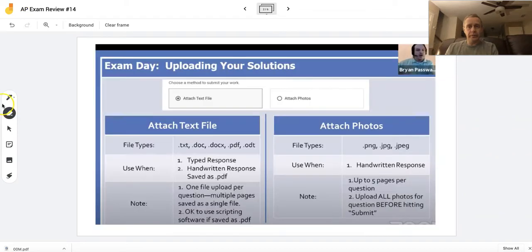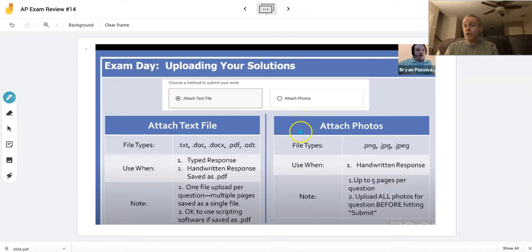So before I get into some review material for today, I wanted to talk about an update that the College Board has done with their platform that you'll use to upload your work. You can see this in the AP demo site, and you can practice this if you want to use a different route than what I've already talked about.